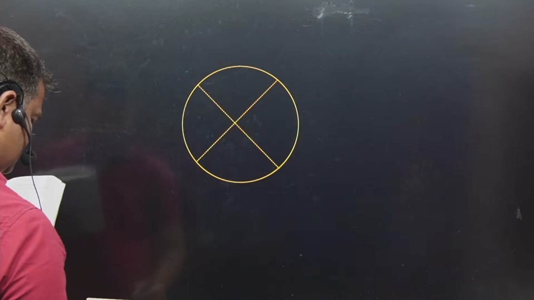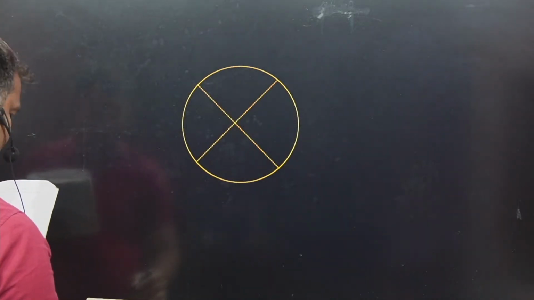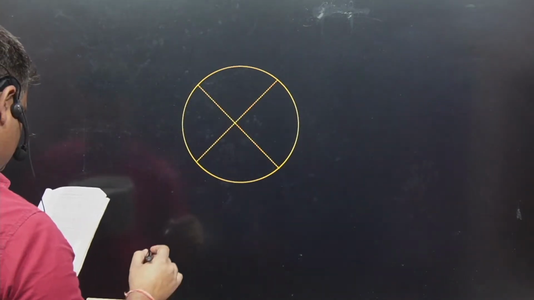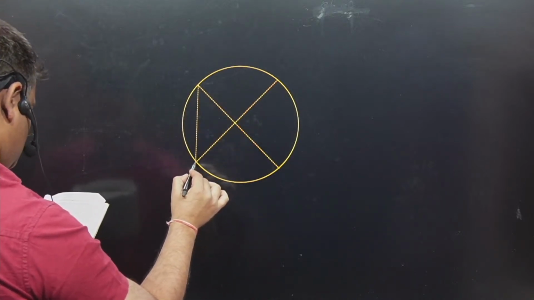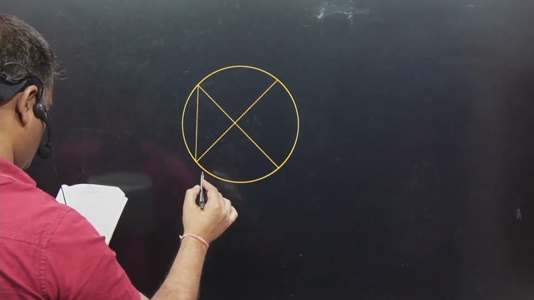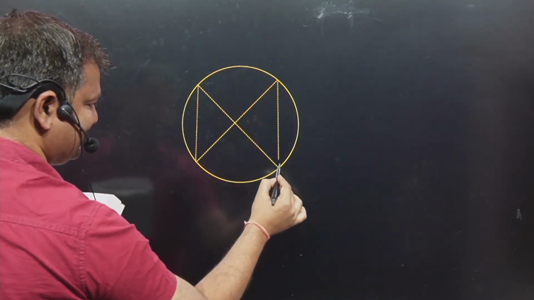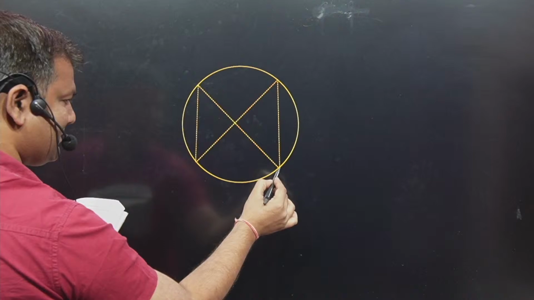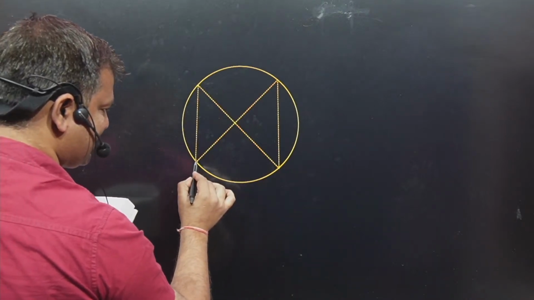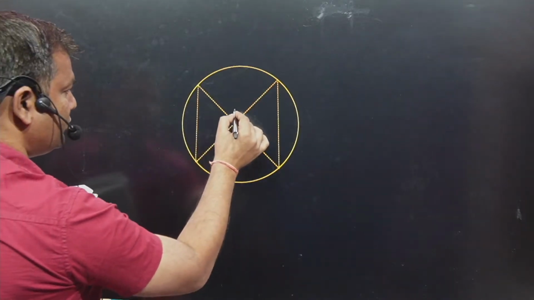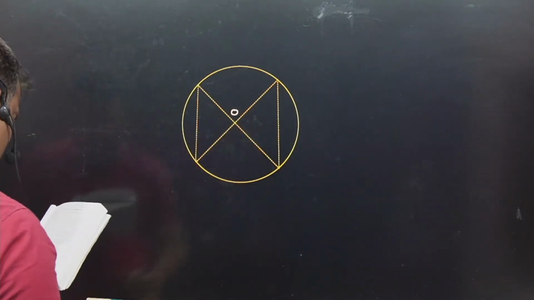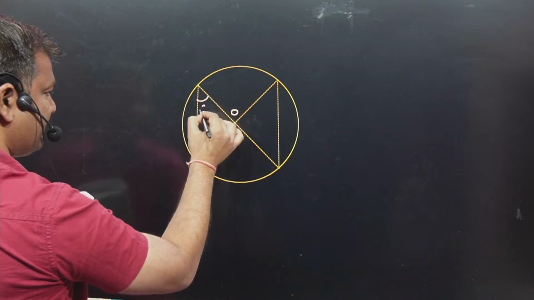Here O is the center of the circle, and this one is 60 degree.